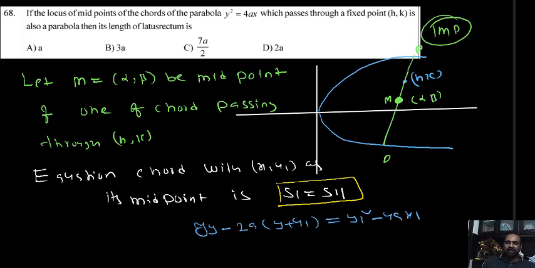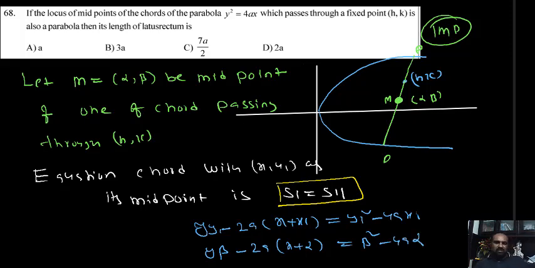Instead of x1 y1 I want alpha beta. So y beta minus 2a times (x plus alpha) equals beta squared minus 4a alpha.